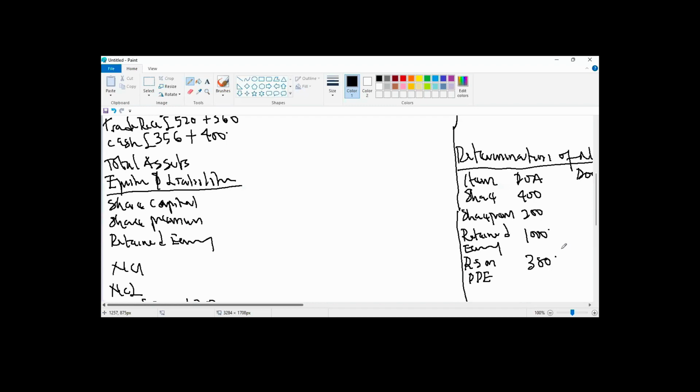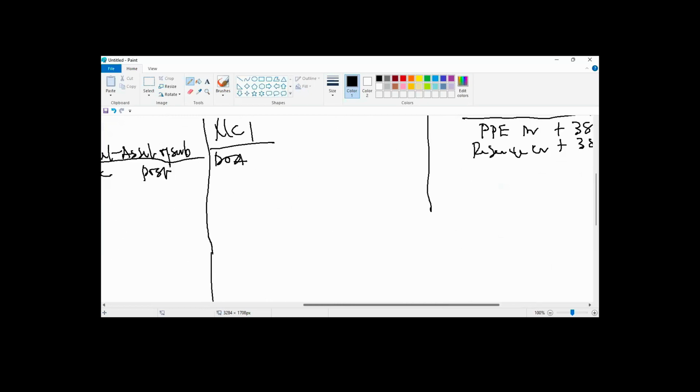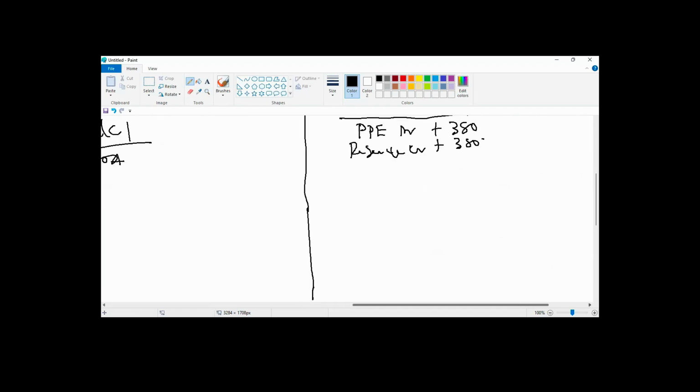Next, this addition has not been reflected in the financial statements. Additional depreciation on this will be 12,000 per annum. Don't forget you acquired 2 years ago. So 12,000 per annum for the depreciation.